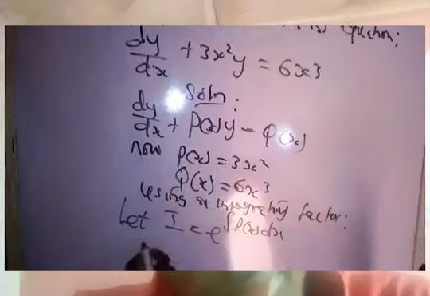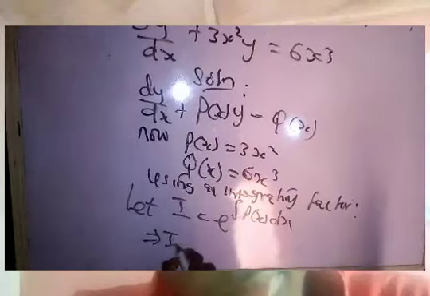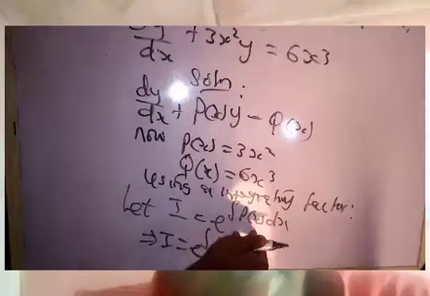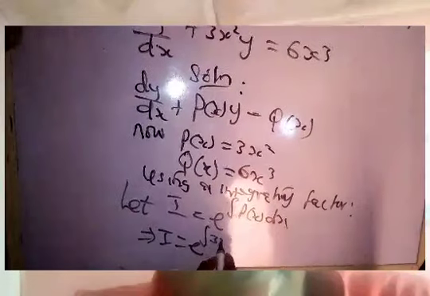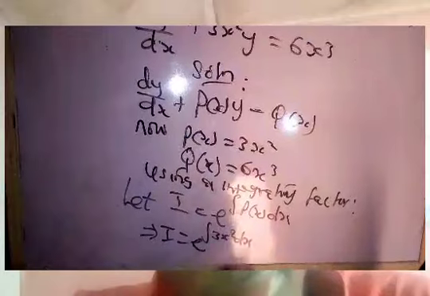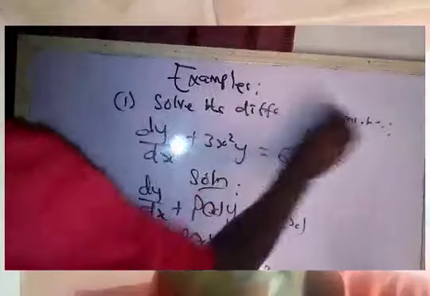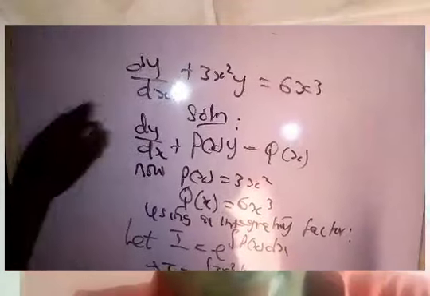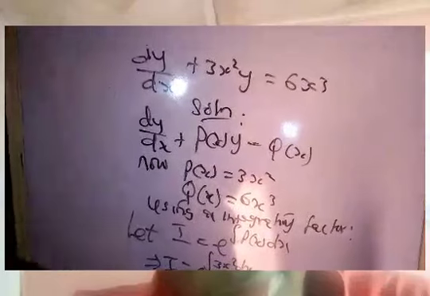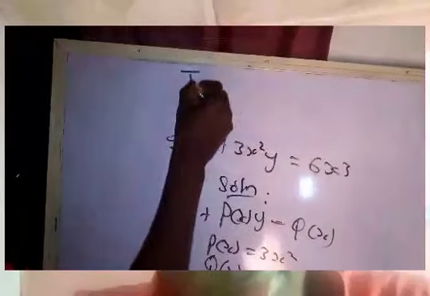Applying this here, this implies that our I is equal to e raised to the integral of P, and P is 3x squared, so we have the integral of 3x squared dx. Now you need to integrate this. Let me bring it up here for easy understanding. Remember, we want to solve this equation. Our I is now exponential of the integral of 3x squared dx.